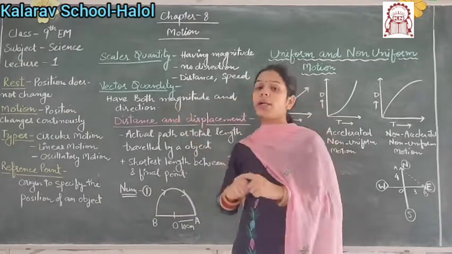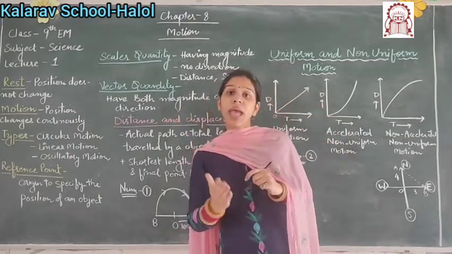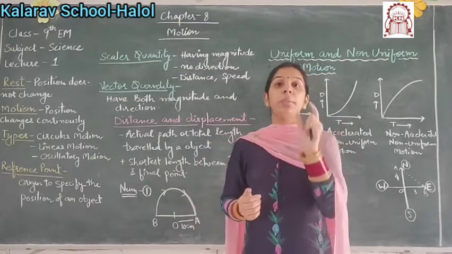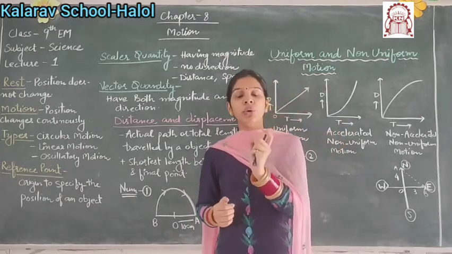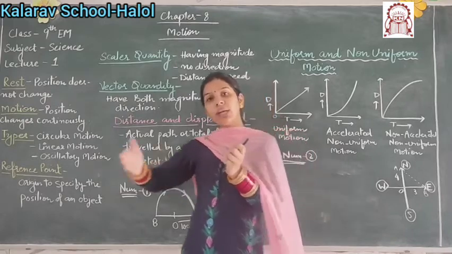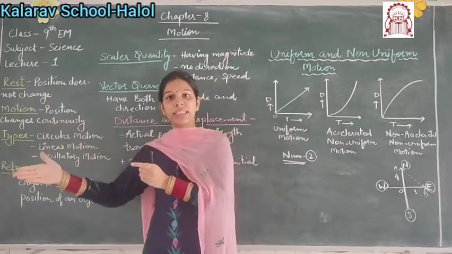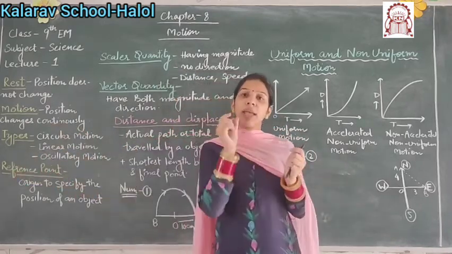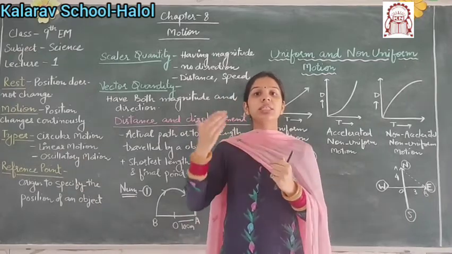Next is vector quantity, the quantity which has both magnitude and direction. Magnitude here means a value. For example, if I move 5 kilometers towards east, that is the value of the distance I covered.